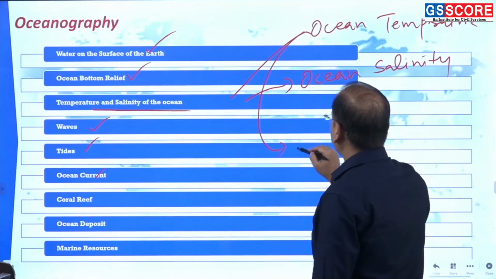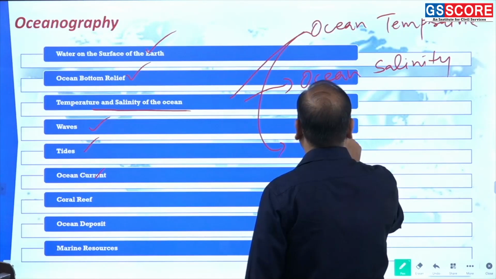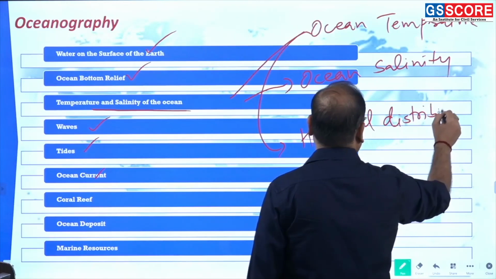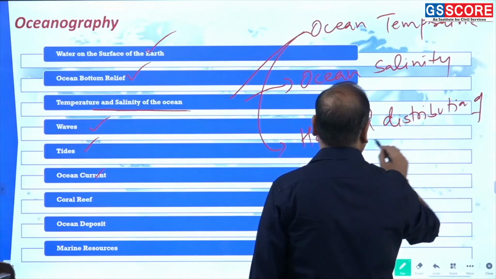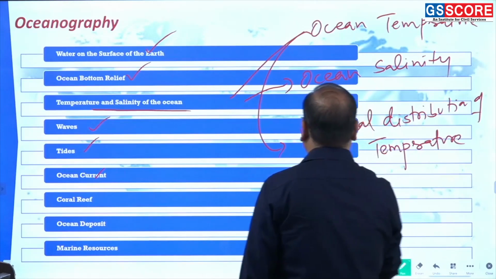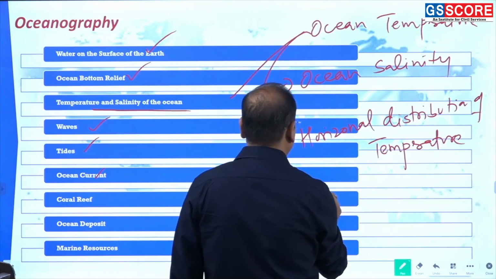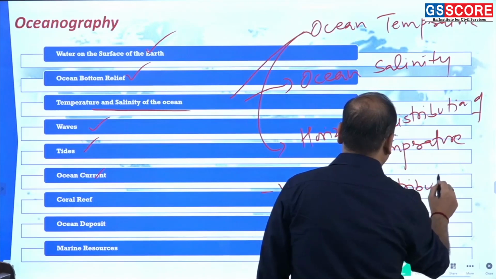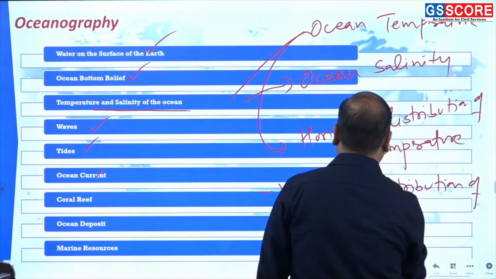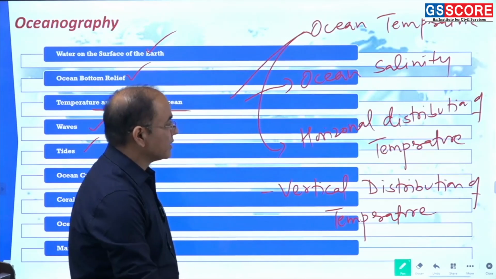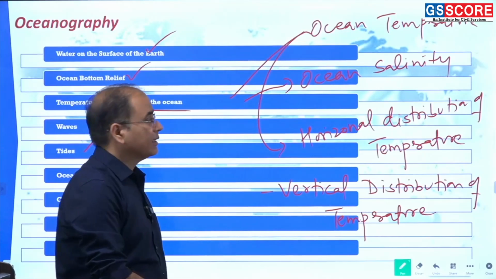Within the temperature, the horizontal distribution of temperature, then we have the vertical distribution of temperature.